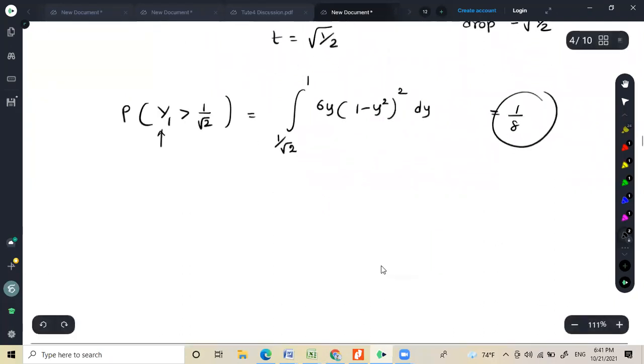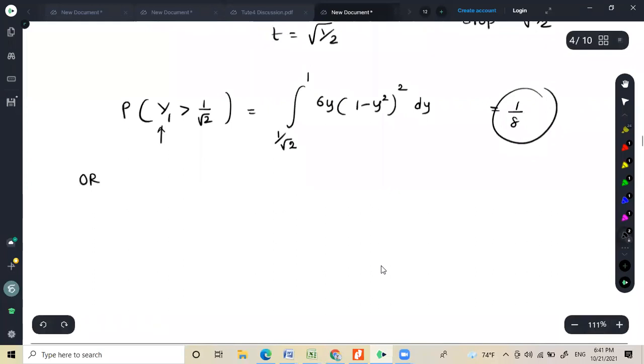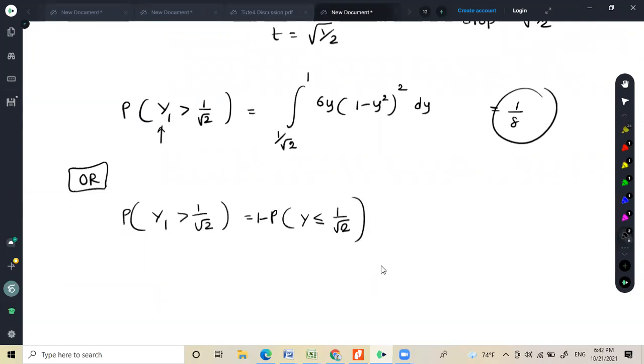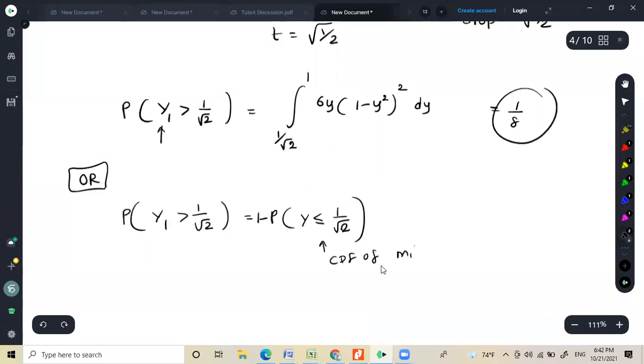And there's another way to do this. See, here's the other way. Or you can do it like this. You have to find that y1 is greater than 1/√2. Okay. So this is the same as 1 minus the probability of y1 less than 1/√2, right? Greater than or less than, you do 1 minus. And what is this? This is the CDF of the minimum.